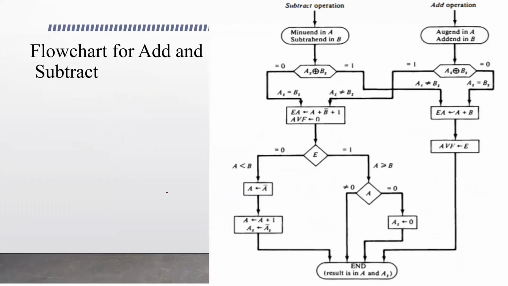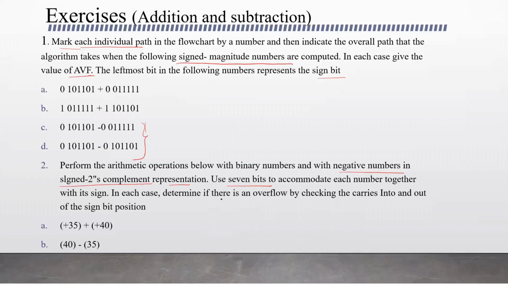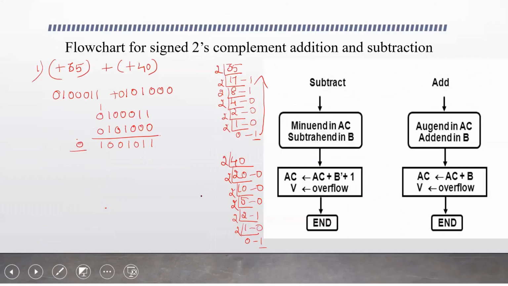What the question asks is, in each case, determine if there is an overflow by checking the carries into and out of the sign bit position. What is the carry in? The carry into the sign bit is 1, and the carry out of the sign bit is 0. When the carry in and carry out are the same, there is no overflow.